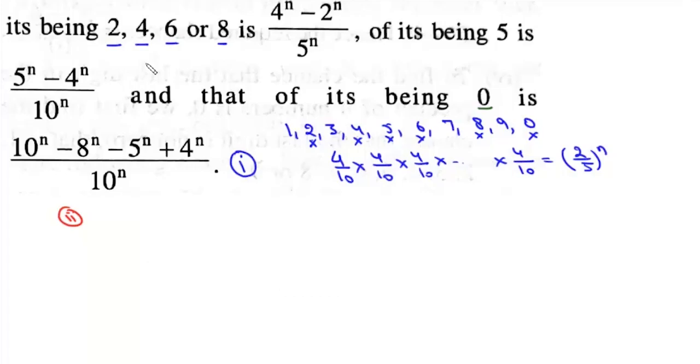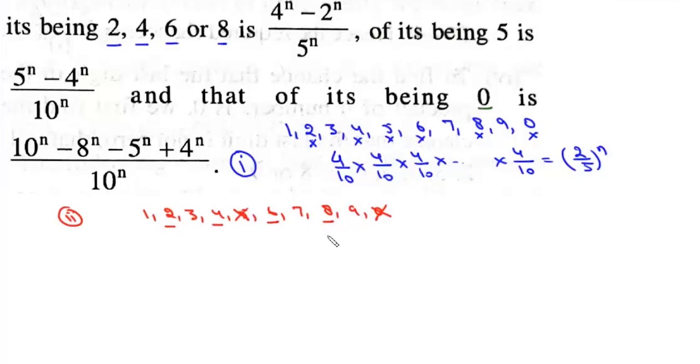Now the second one is the chance of its being 2, 4, 6 or 8. Now if it is 2, 4, 6 or 8, then from these 10 numbers 1, 2, 3, 4, 5, 6, 7, 8, 9, 0, it should not have 0. It should also not have 5, and it should have at least one of 2, 4, 6 or 8.